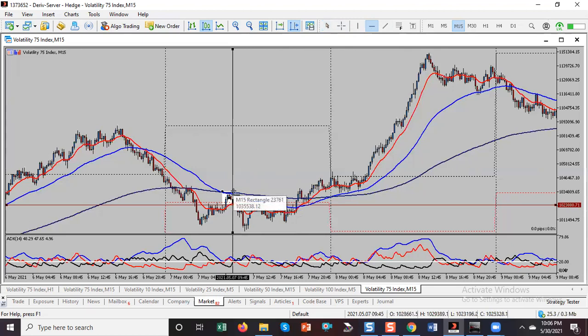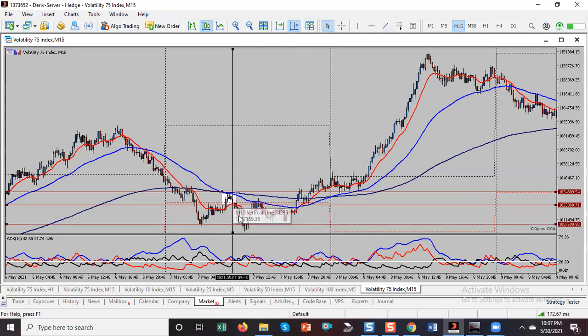And stop loss will be here, just on this swing high. So we are already below the daily low. So your next target now is going to be on the previous swing low. So, and that is it.